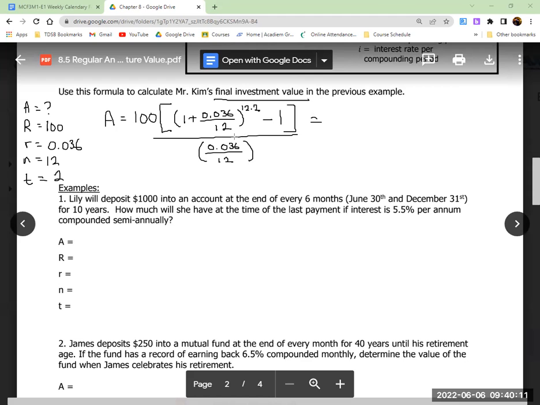If you don't want to make a calculator mistake, I highly recommend you solve this bracket first, followed by the exponent and the subtraction of 1, and then divide by the other thing. Why did you put 22? No, it's 12 times 2. No, it's okay. It's understandable. So that would be 24.